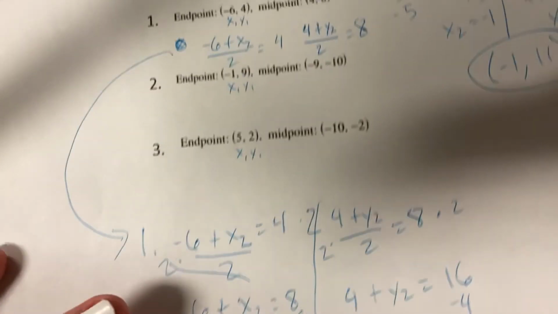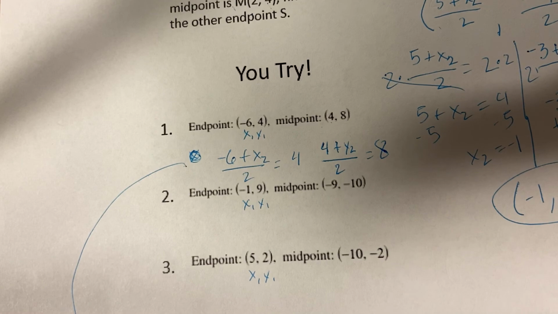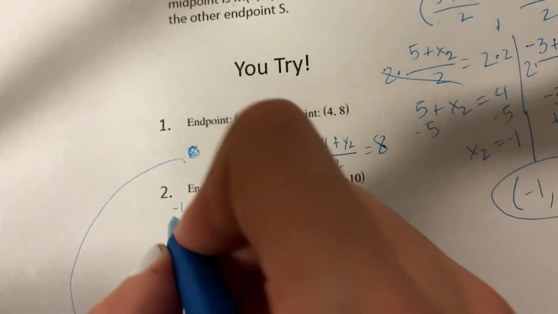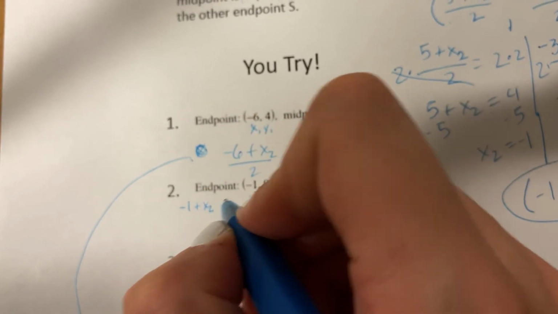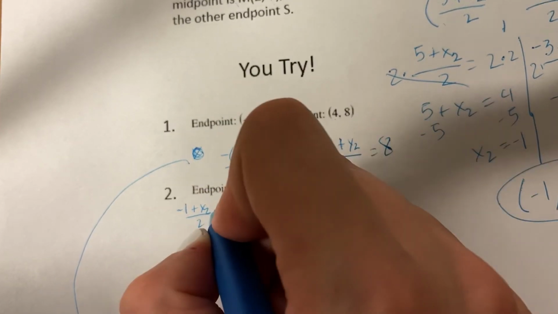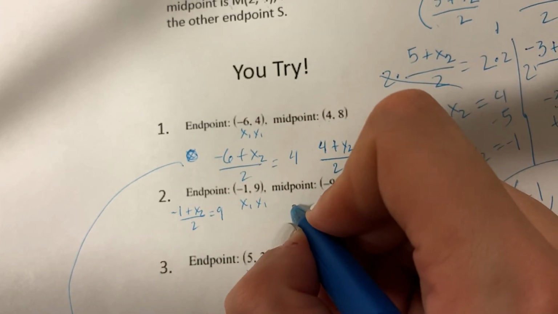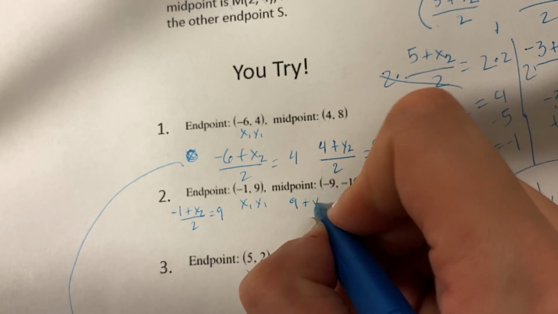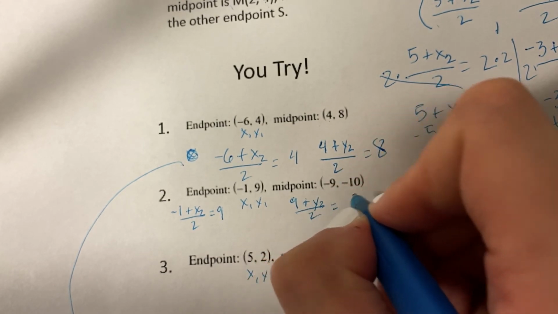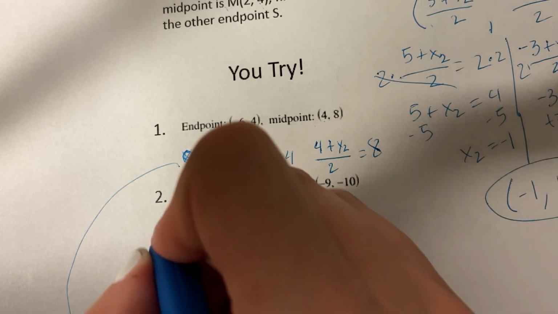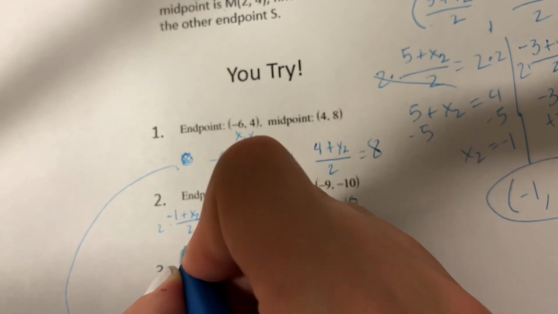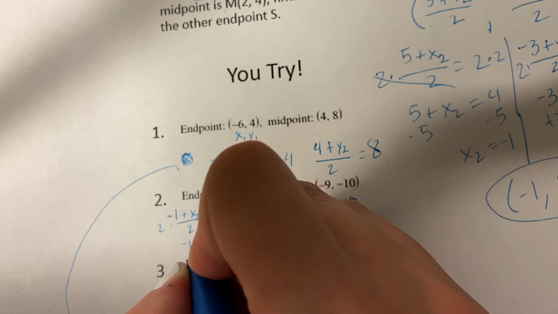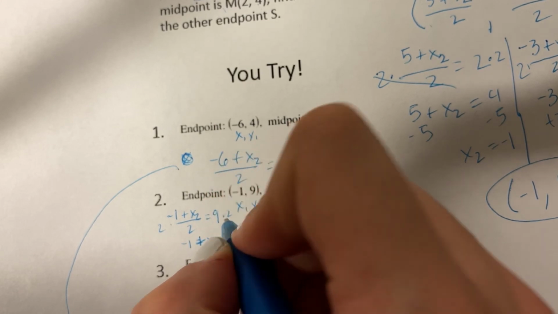Right? And then I'm going to try to write smaller if I can. So this is negative 1 plus x sub 2, which is what I don't know, divided by 2 is equal to 9. You can tell I'm doing a couple of shortcuts through here. Multiply by 2: negative 1 plus x sub 2 is equal to 18.